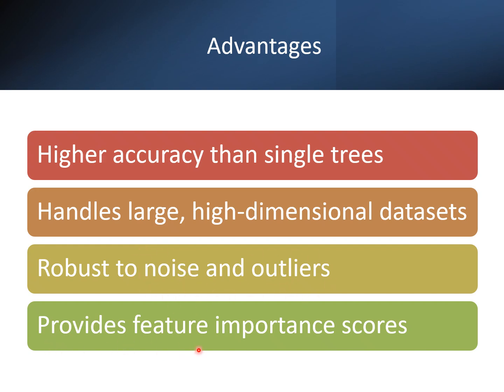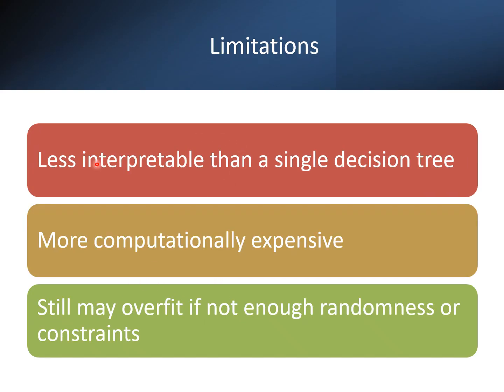It can also provide what we call feature importance scores, which we are going to see when we are doing those labs. The limitation with random forest is that it is less interpretable than single decision trees. It is more computationally expensive and might still overfit if there is not enough randomness or constraint.